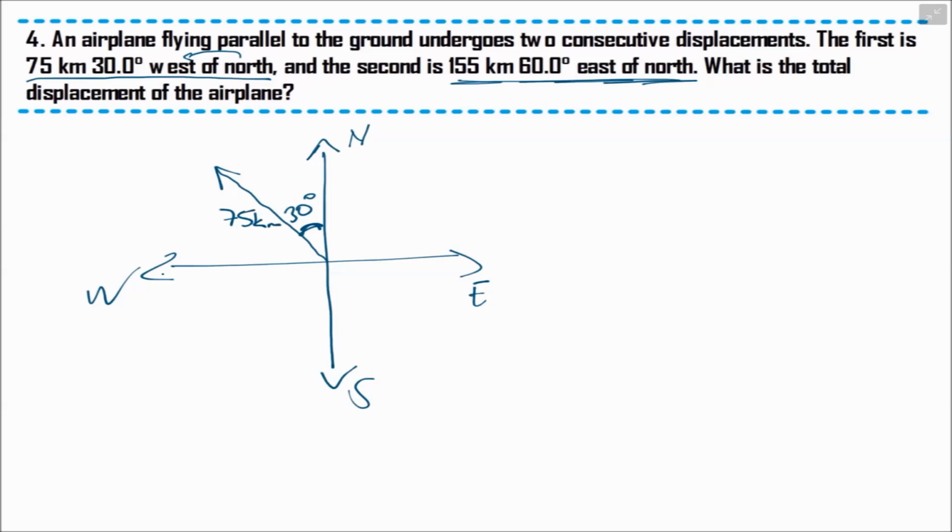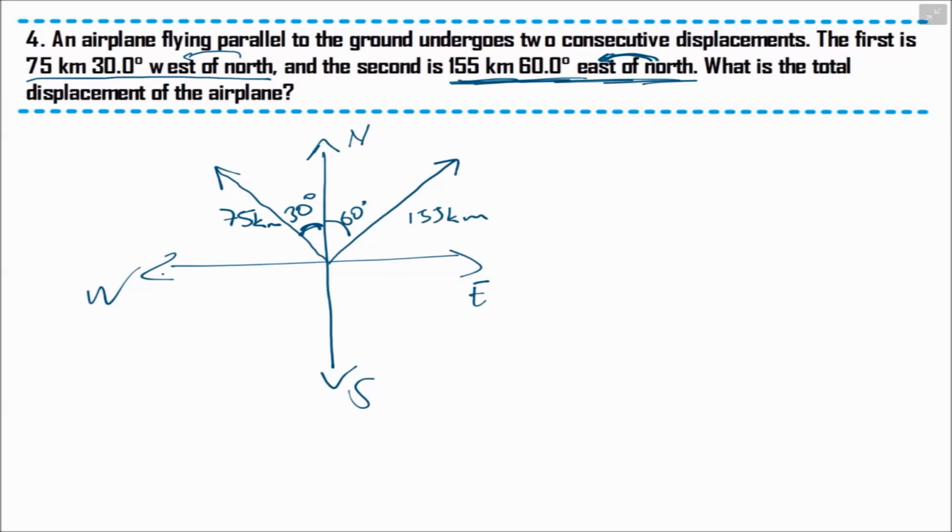And then it says 155 kilometers, 60 degrees east of north. So it's east of north, it's here. Where will the angle be? It says east of north, that means from north to east. So here we have 60 degrees, 155 kilometers.